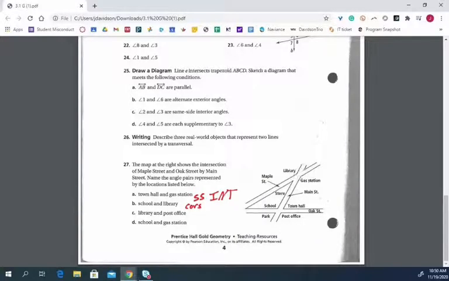And on alternate sides of the road. So alternate exterior. Last one: alternate interior. You guys have it done? Yep. Turn it in.